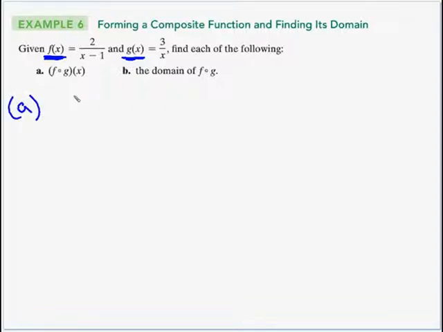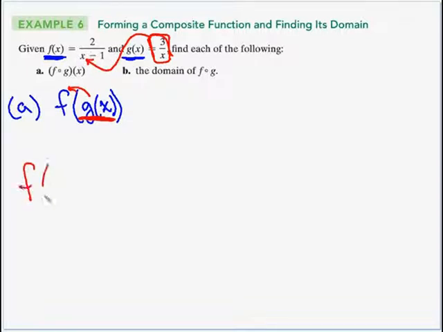So for letter A, f of g of x. I'm going to take the g function, wrap it up like a Christmas present, and put it into the f function wherever I used to see an x. So here's my g of x function. Again, I'm going to wrap this up like a Christmas gift. And it's going to go in for this x in the denominator.